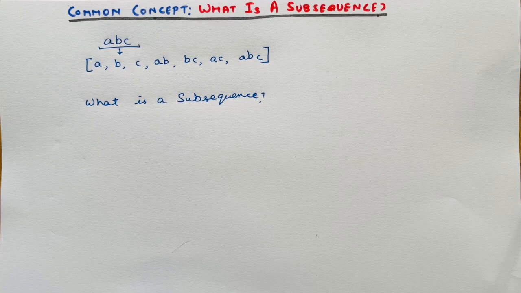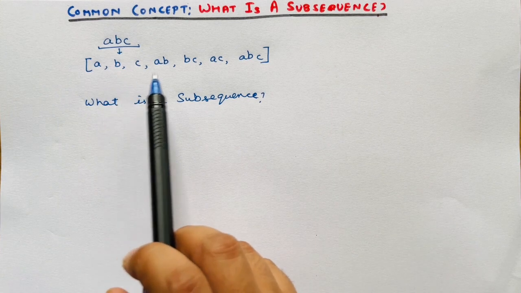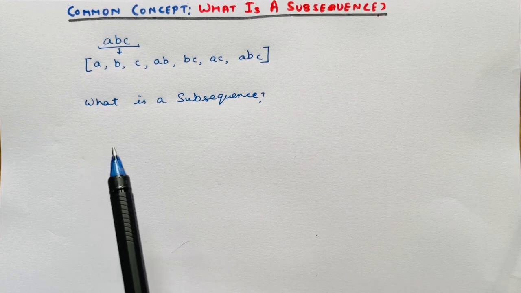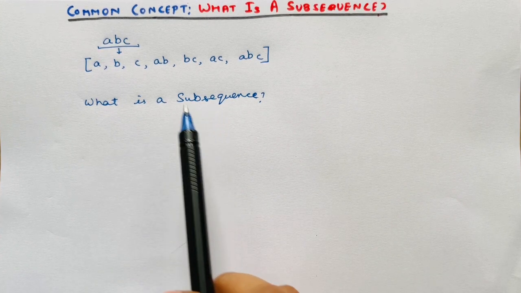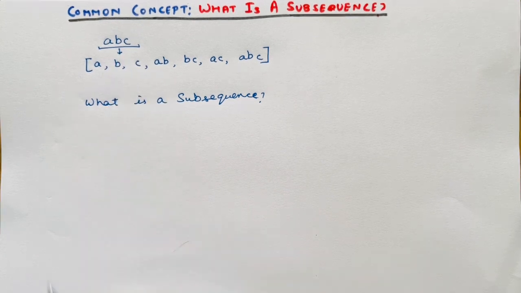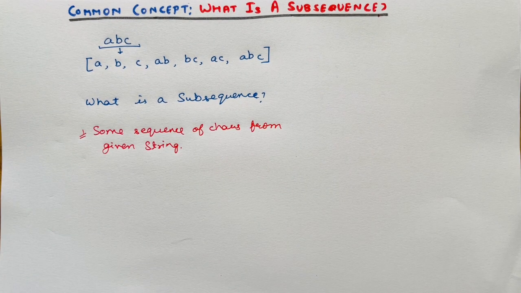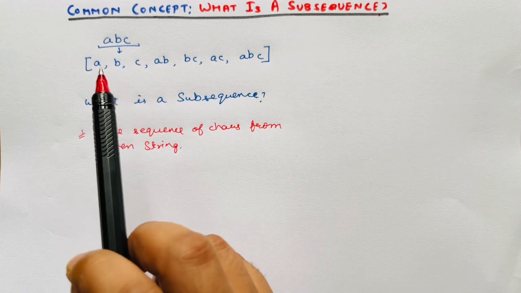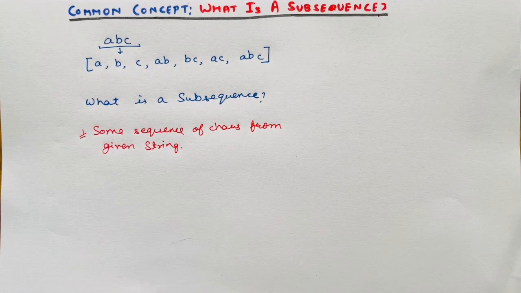Before even attempting the problem, let us first try to understand what is a subsequence. From the example given here, what can we infer? The first thing that we can infer is that subsequence is basically some sequence of characters from the given string. What else can we infer? We can see that the characters in the subsequence are in the order in which they are present in the same string.